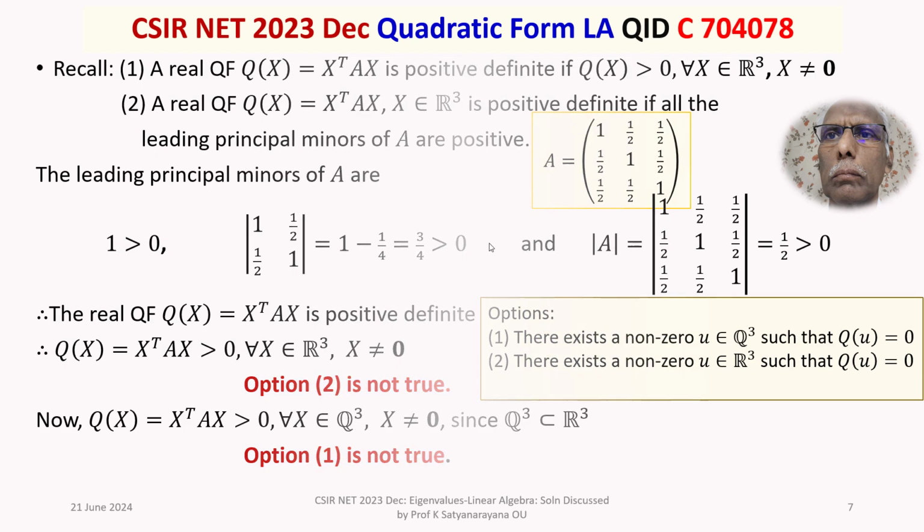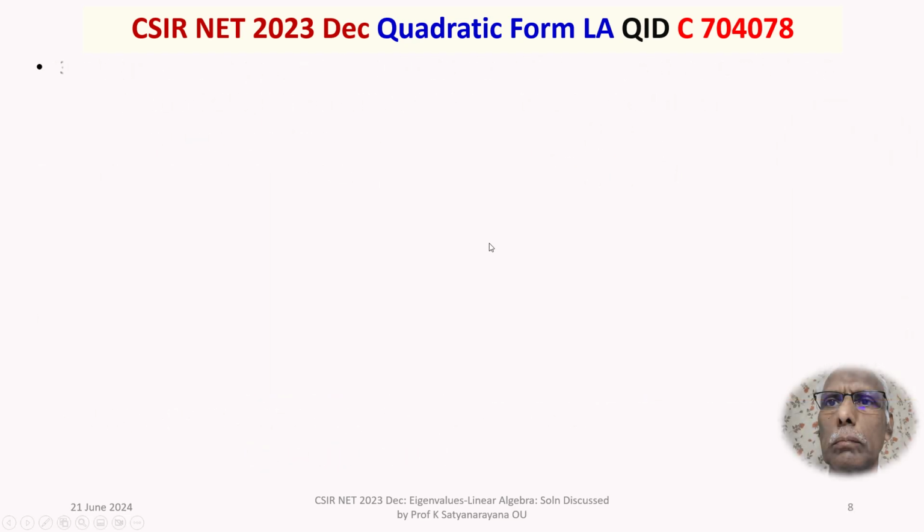Let's move to the next option, that is option 3. There exists a non-zero U belongs to C cube, a triad whose entries are complex numbers, such that Q of U is equal to 0. Right.